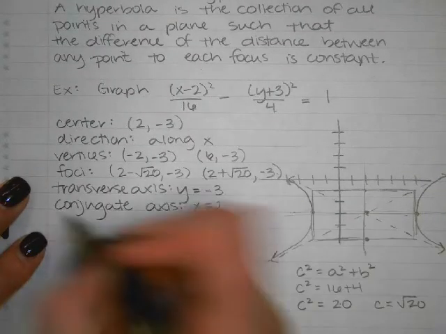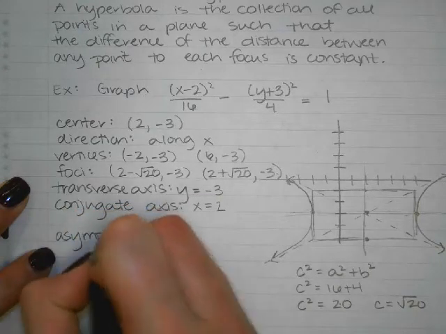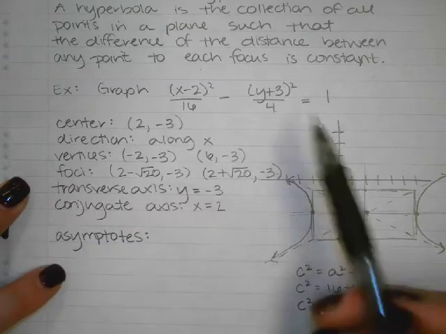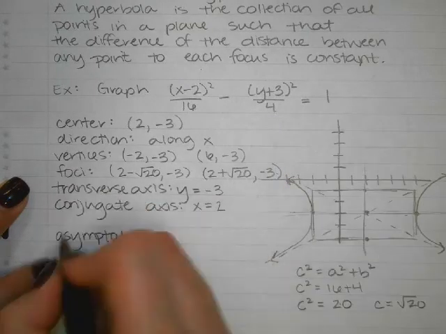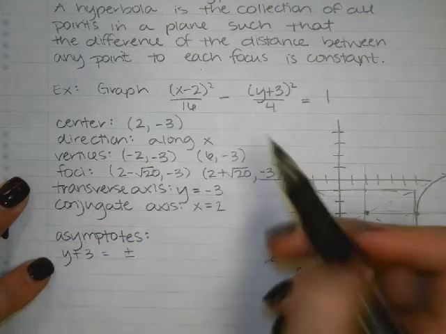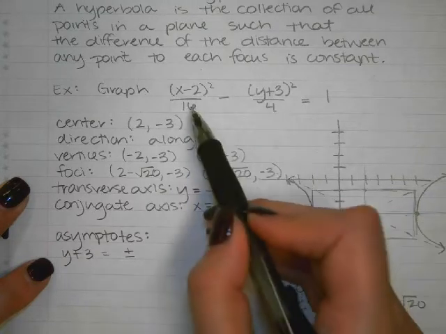All right, and then let's go ahead and do the work to find the asymptotes. So I take the y, parentheses, y plus 3 equals plus or minus b divided by a, so that would be 2 divided by 4.